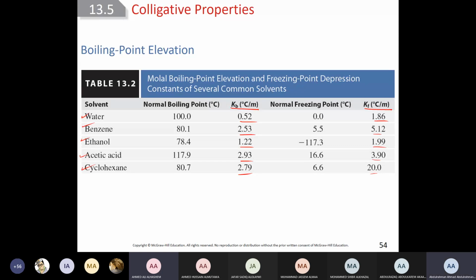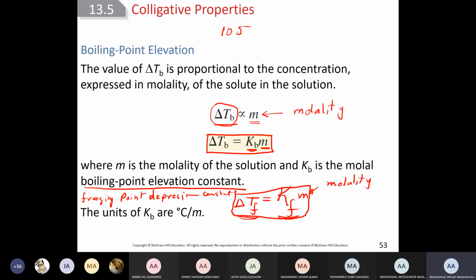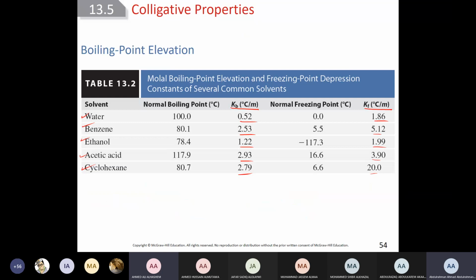No, it will always be depressed. So the boiling point is elevated and the freezing point is depressed. Yes, exactly. Depress means decrease, less than 0, and elevation means more than 100, for water only. Okay. Clear? Yeah, clear now.